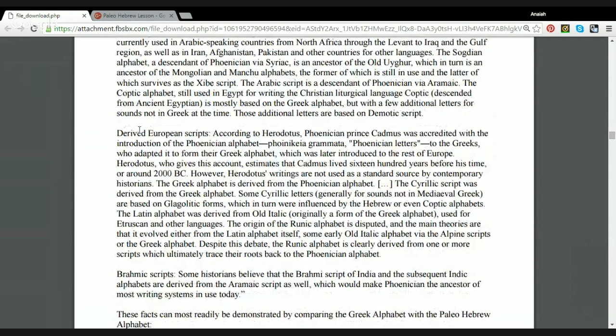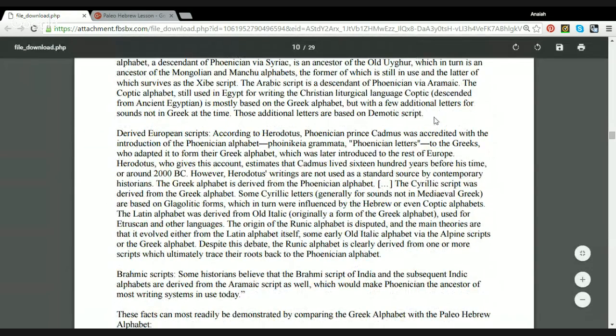According to Herodotus, Phoenician Prince Cadmus was accredited with the introduction of the Phoenician alphabet. Phoenicia, and then grammata, Phoenician letters.